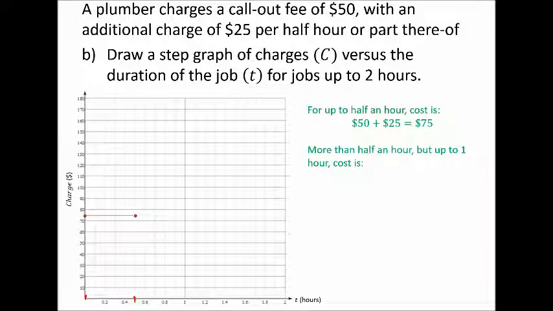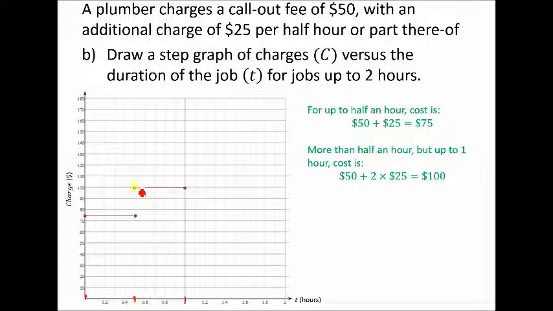Now, for more than half an hour, so as soon as we go beyond 30 minutes, up to an hour, that's 1 extra half hour of charge, so the cost is going to be $100. So between 0.5 and 1 hour, the charge is $100.